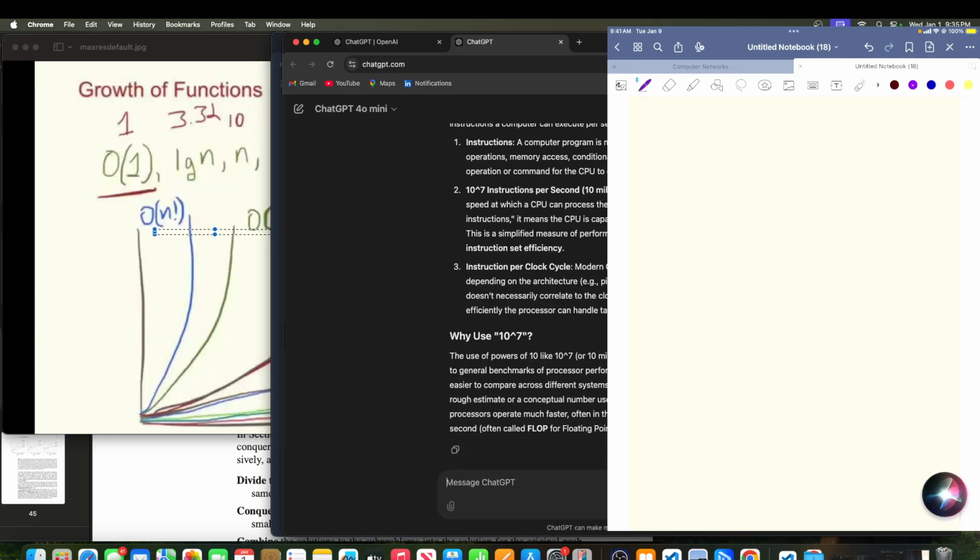So instructions per second: we say that the modern day processor, this is a generalized thing, per second we are going to do 10 power 7. It's a rough estimate or a conception thing.